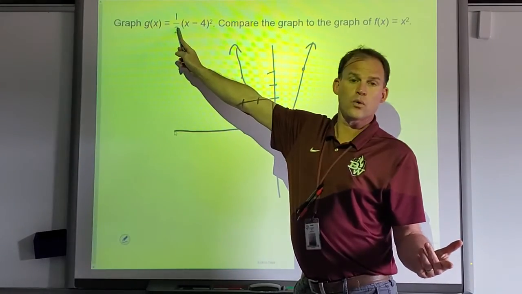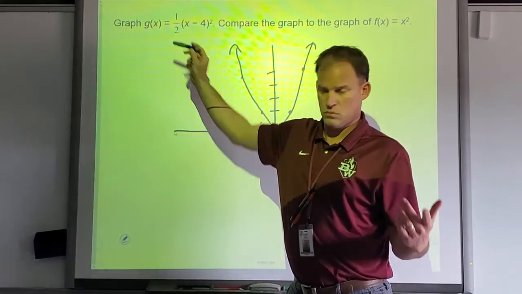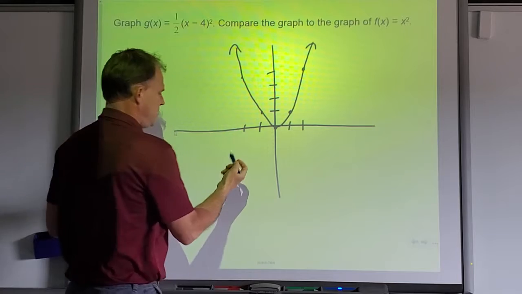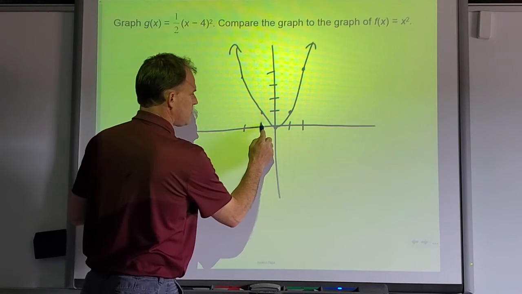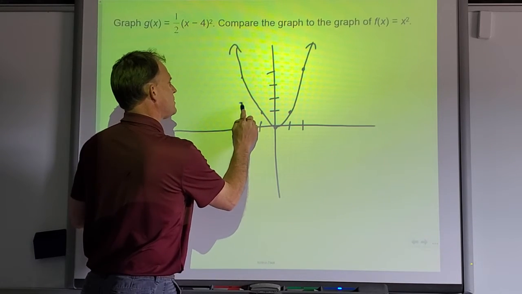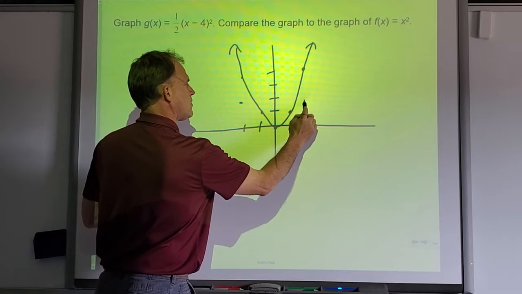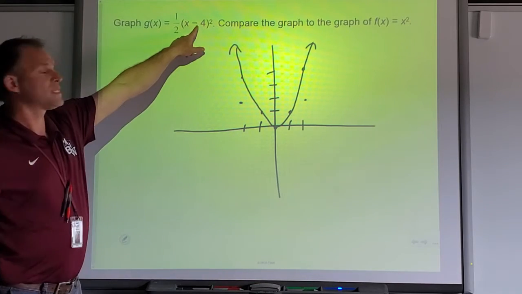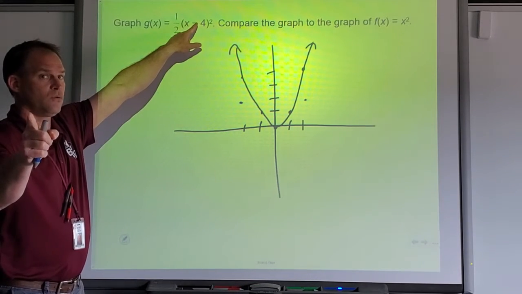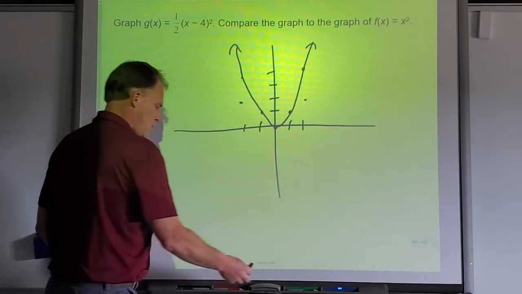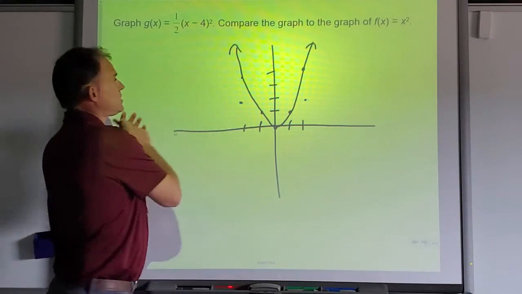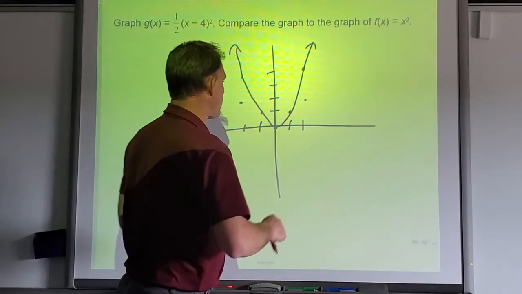What is this going to do? Yeah, it's going to make it half as big. So I'm going to do that in blue. Half as big, half as big. What is this going to do? Be careful. Yeah. So it's going to take all of these points and shift them right forward.